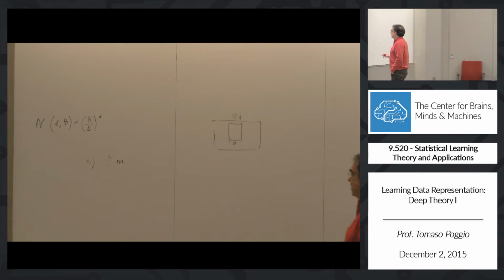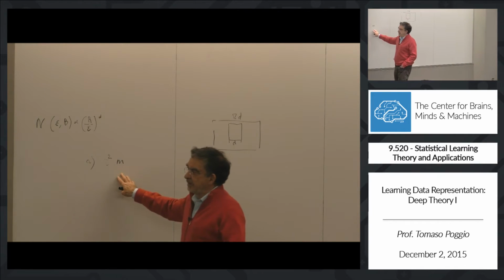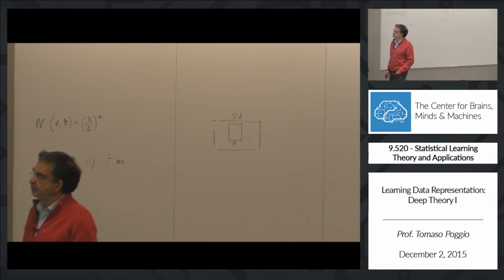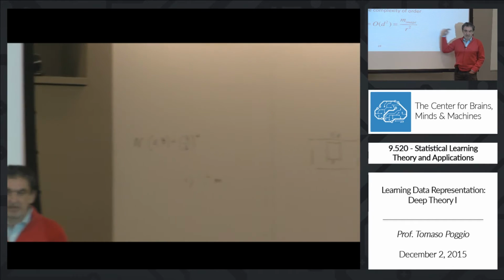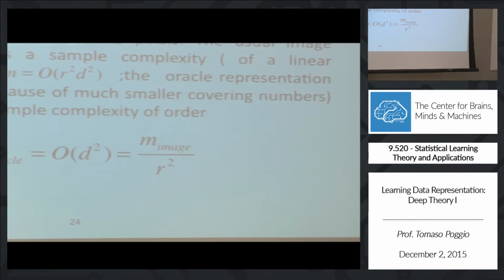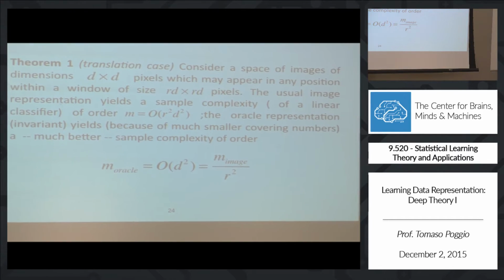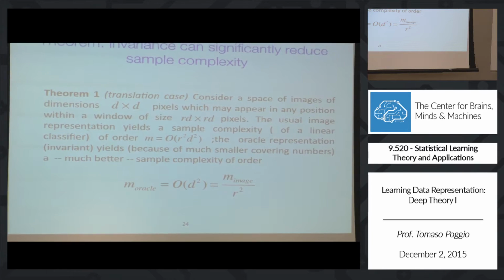So if I have an invariant representation, I don't need to do this. So the gain I get is exactly this number of virtual examples.